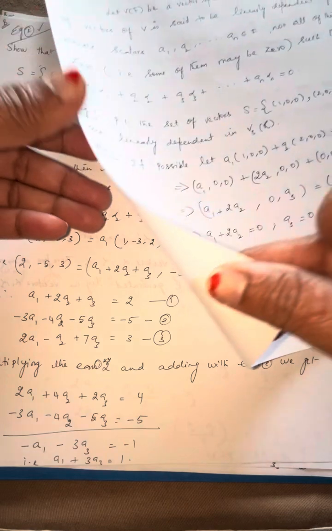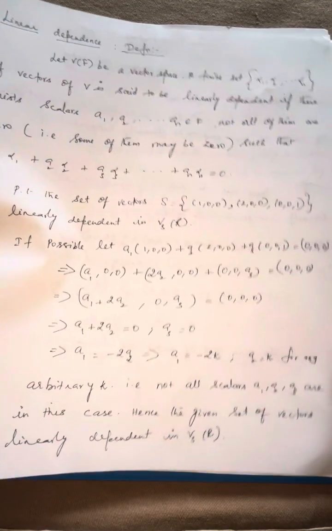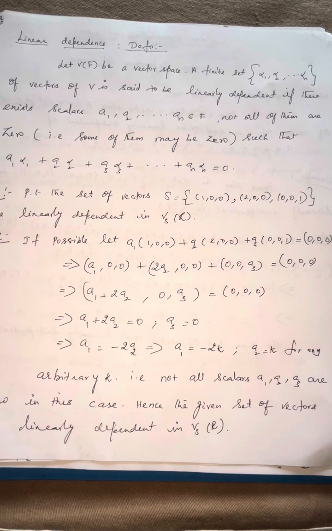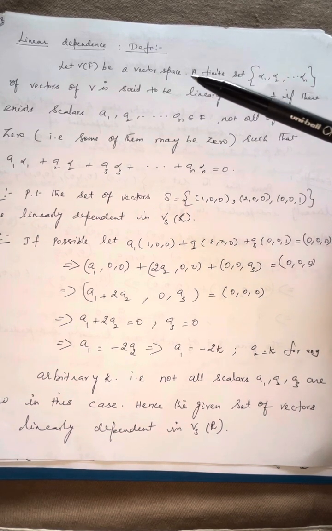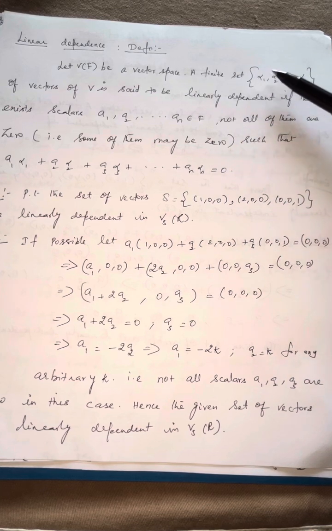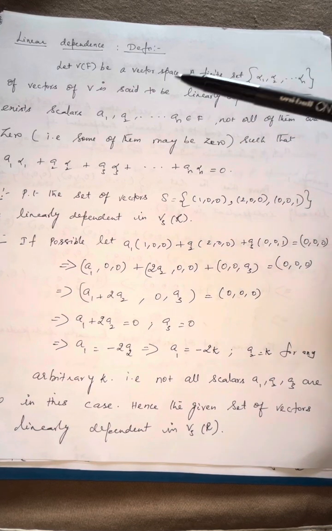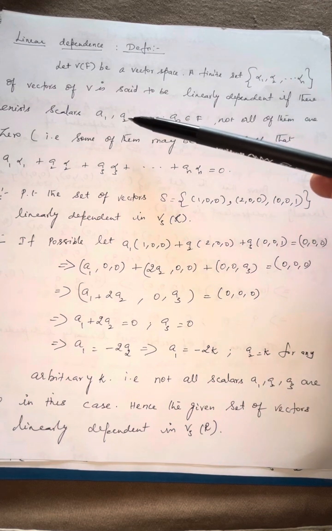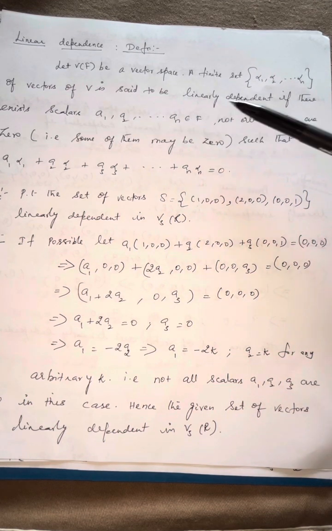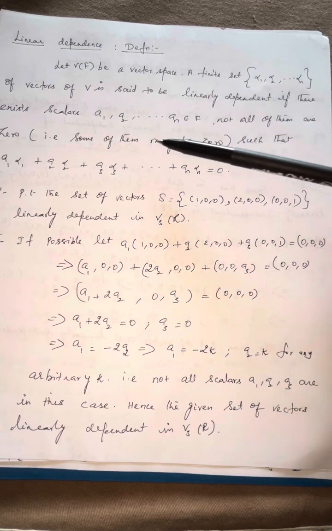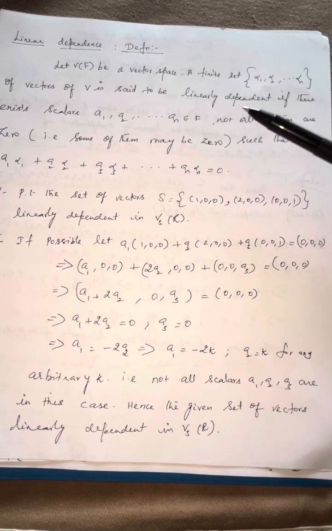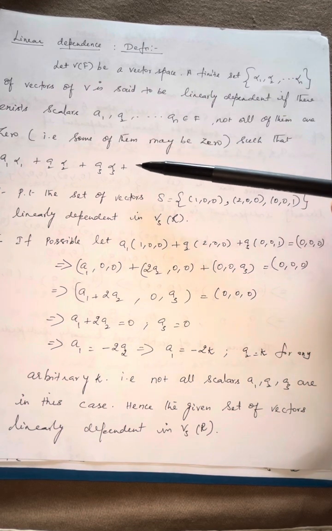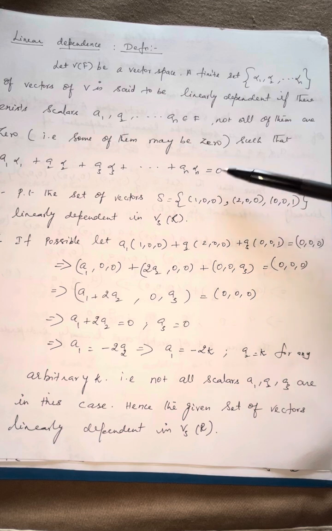Now we'll see the definition for linear dependence, and I am going to explain an example for that also. Let V(F) be a vector space. A finite set α1, α2, etc. up to αn of vectors of V is said to be linearly dependent if there exist scalars a1, a2, etc. an in F, not all of them 0, that is, some of them could be 0 but not everything is 0, such that a1α1 + a2α2 + a3α3 + etc. + anαn = 0.